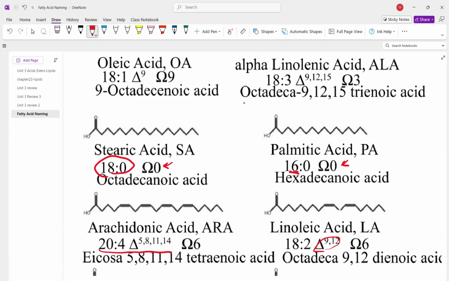Its abbreviation is PA. Palmitic acid. Now, frequently, some of the meat you eat has only these two fatty acids, and they're tied up in a triglyceride. They're not alone. They're always tied up in a triglyceride.